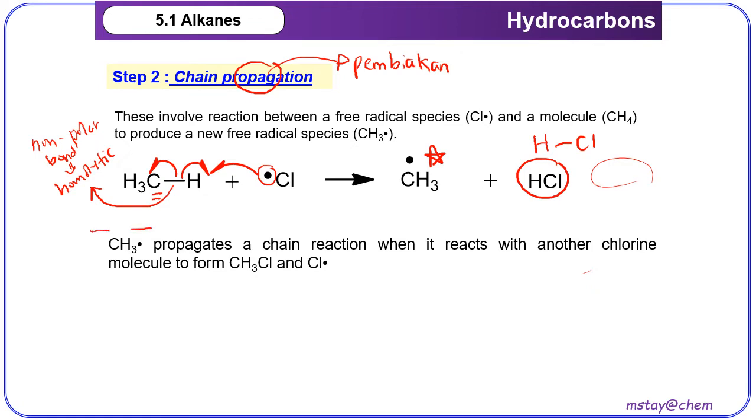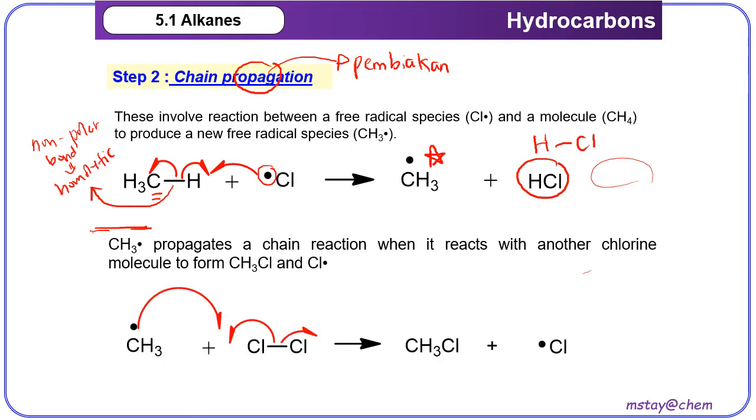So now we focus on the next equation, or next mechanism. The free radical from here is brought to here. This time, this free radical lost one friend, which is the hydrogen. Carbon always needs 4 friends, and now it only has 3, so the carbon will look for a new friend, which this time is chlorine. Again, the bond of chlorine is non-polar and homolytic, so the bond will break homolytically again.